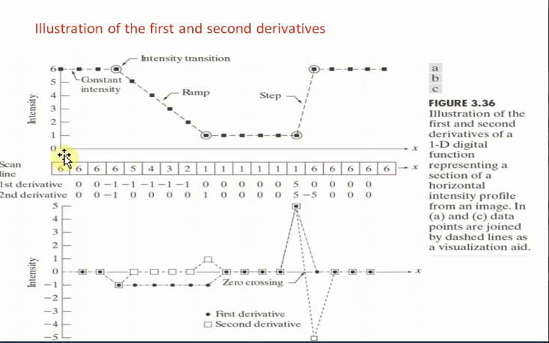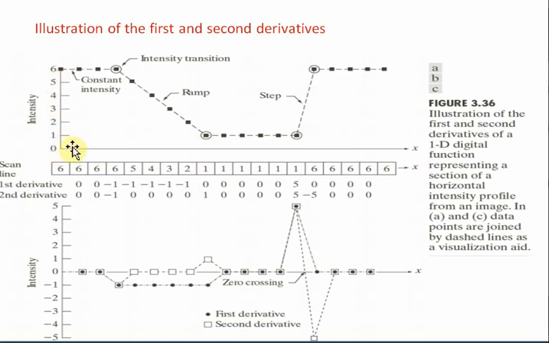Now draw the graph of the intensity values along x. Take intensity values on the y-axis and the position on the x-axis. Consider 1 unit distance. At this position, what is the intensity?